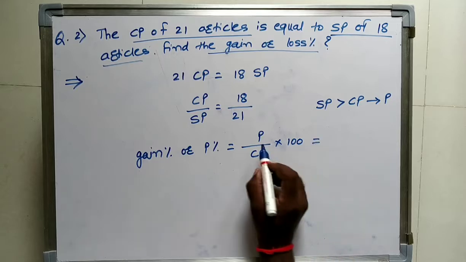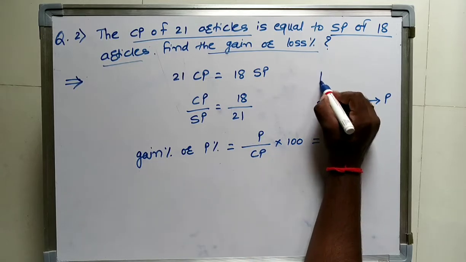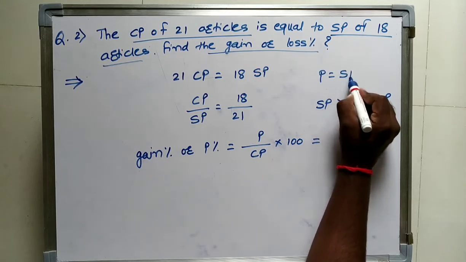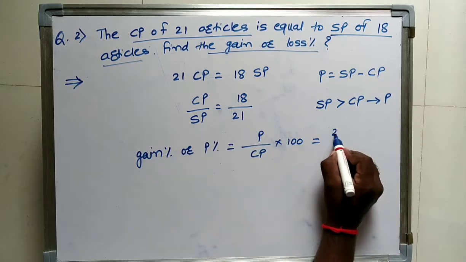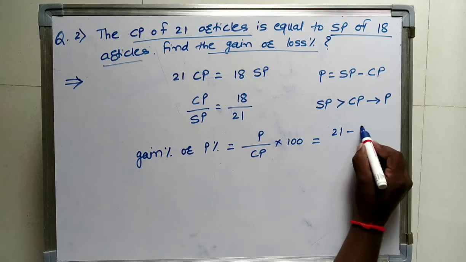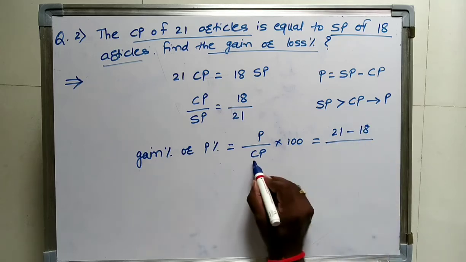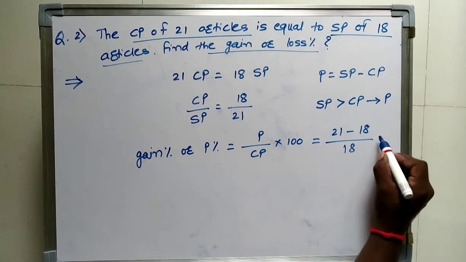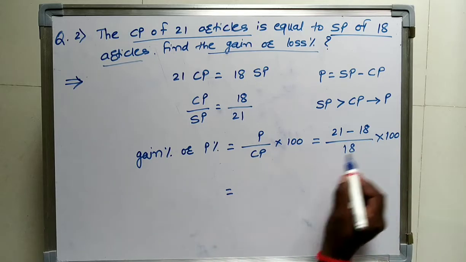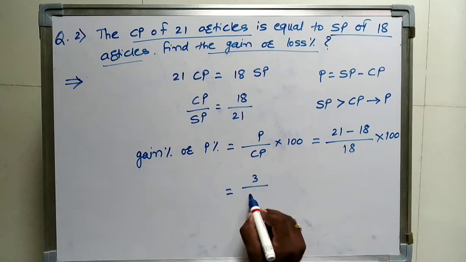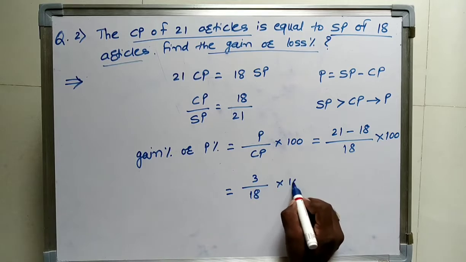We know that profit is SP minus CP. SP is 21, CP is 18, so 21 minus 18, that is 3, divided by 18 multiplied by 100.